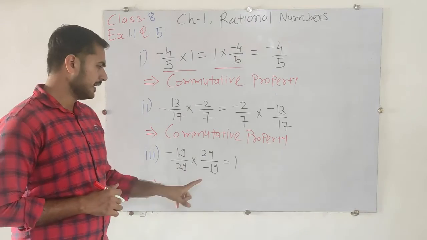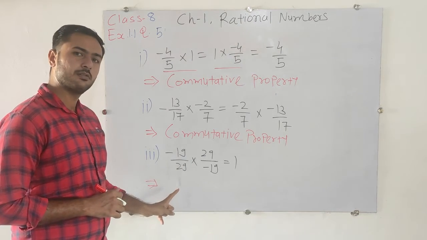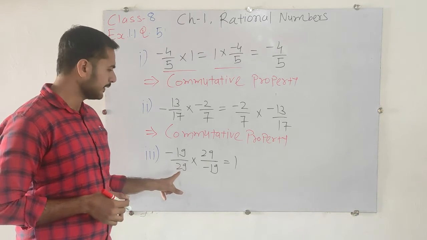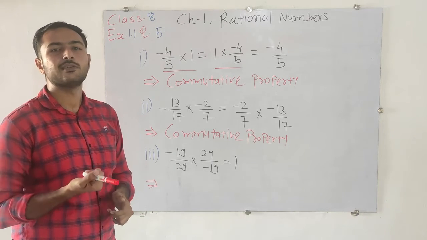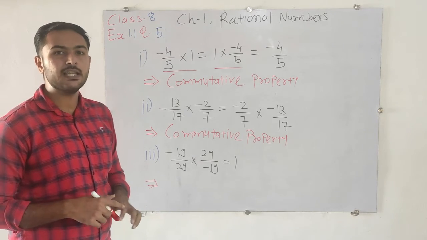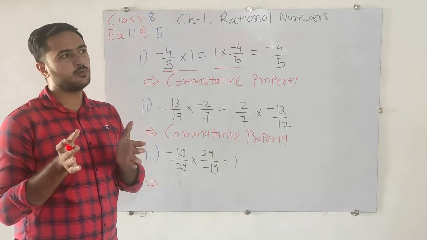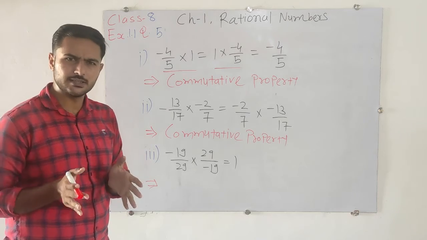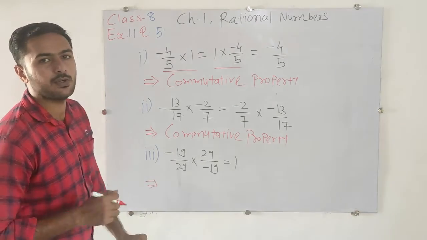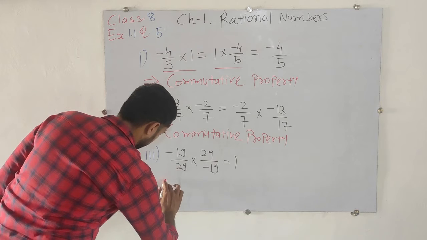It means this is the reciprocal of this number. Or I can say this is the multiplicative inverse. So what they used is the multiplicative inverse, which we have discussed in the role of 1. Yes, role of 1.